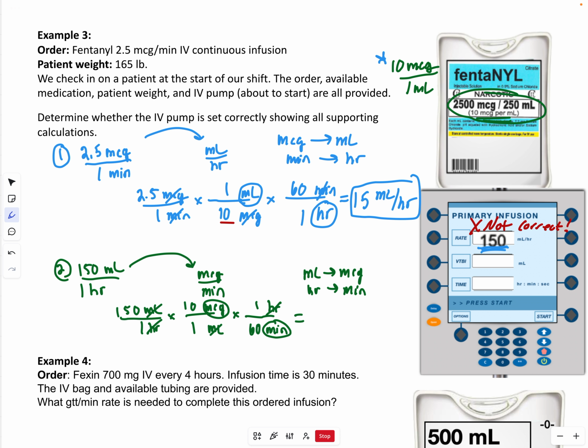So 150 times 10 divided by 60. Yes, this individual, according to the pump, if the pump started to operate, they would be getting 25 micrograms per minute, which does not match the order. So that would have been a problem.